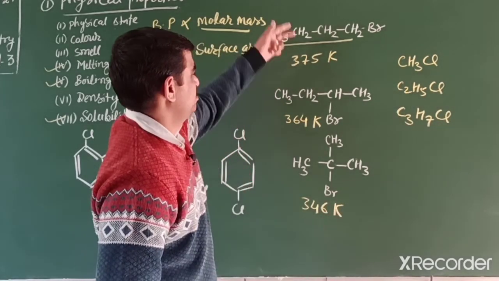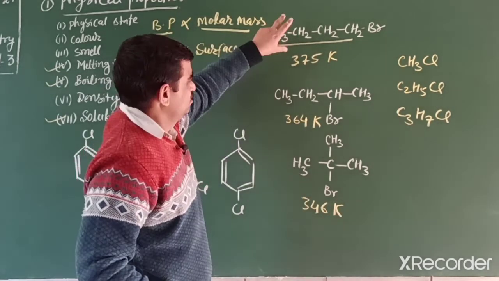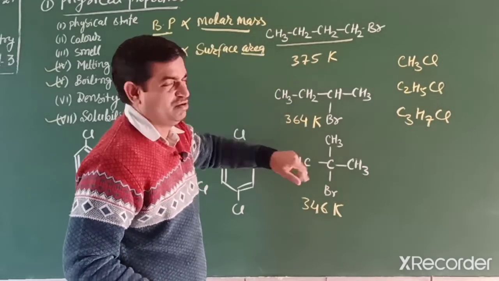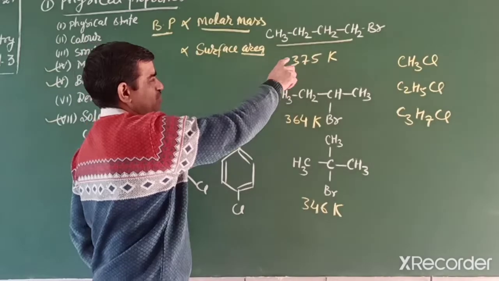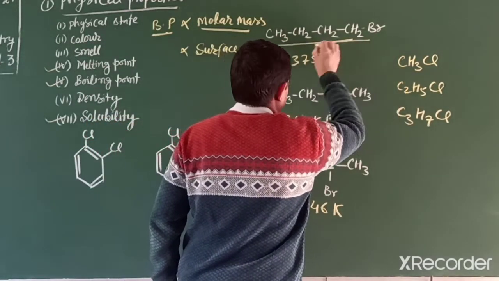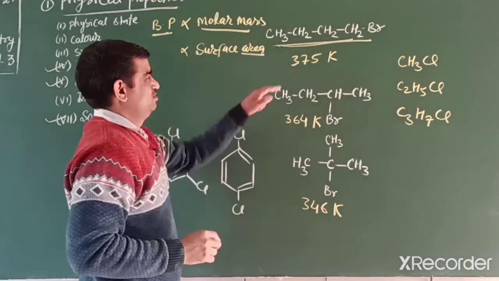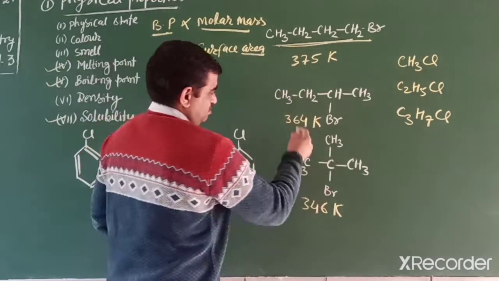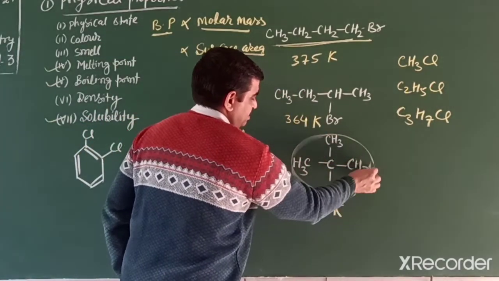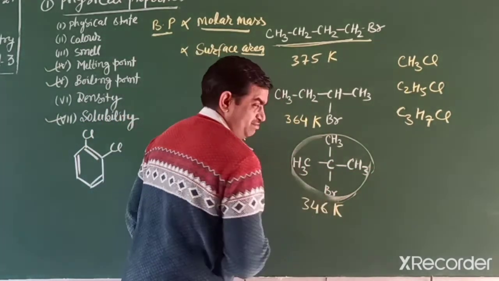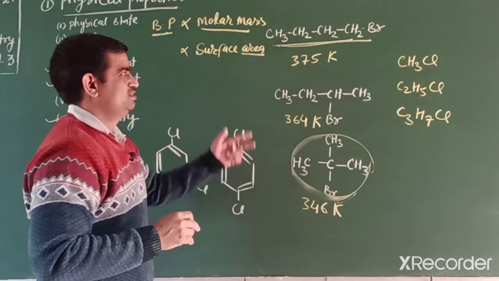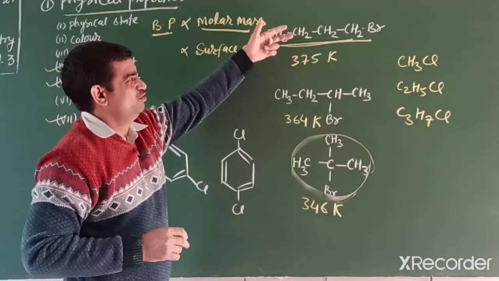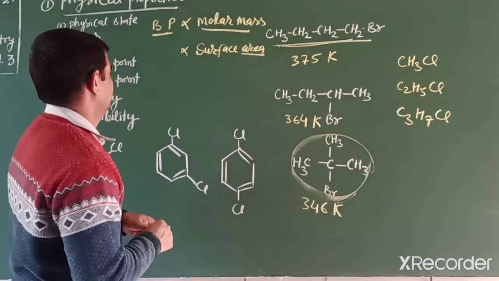So why? What is the reason? All these 3 isomers have the same molar mass, but boiling point is different. Reason: this one has more surface area, so more boiling point. This compound is almost spherical in shape, so less surface area, so lower boiling point. So due to this reason, you can find boiling point depends on surface area also.